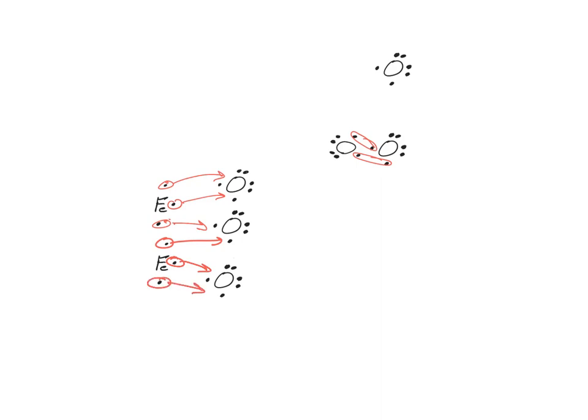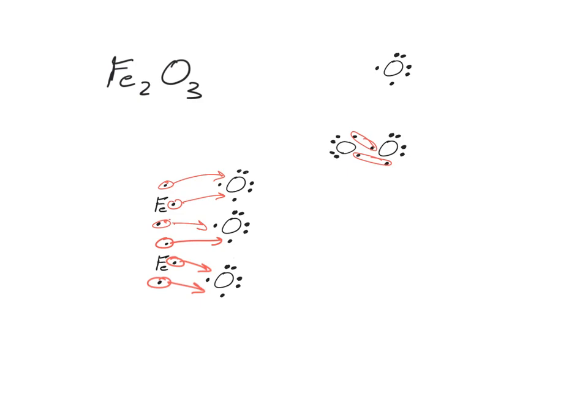So the actual formula for iron oxide is Fe2O3. To be clear, the reason that the formula for iron oxide is actually Fe2O3 and not FeO3 is that there's 2 irons. In other words, 2 iron atoms are required to take up 3 oxygens.